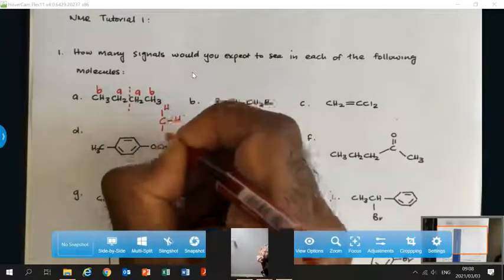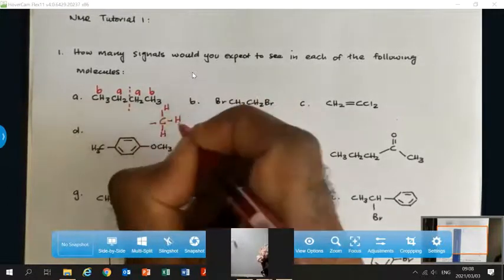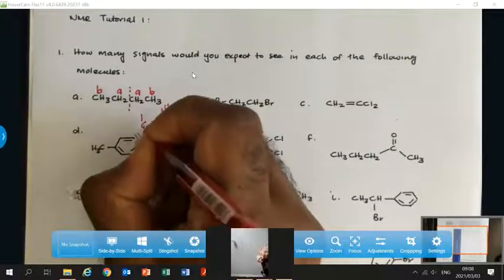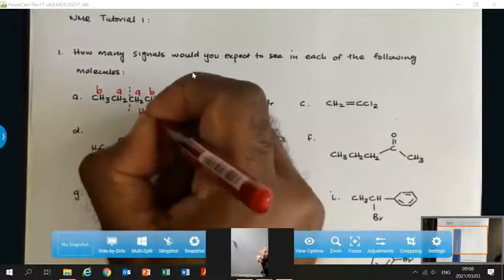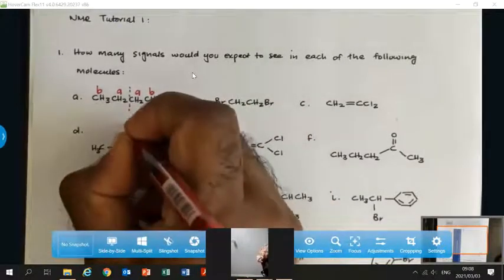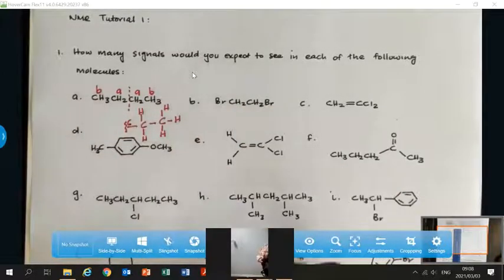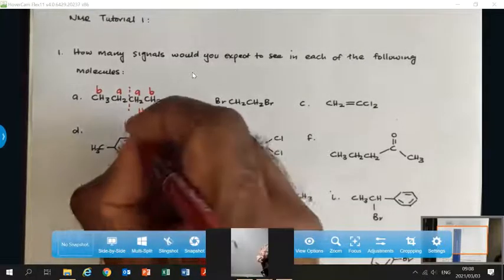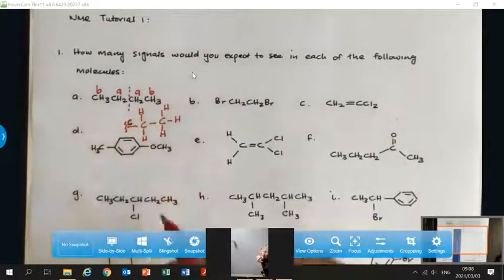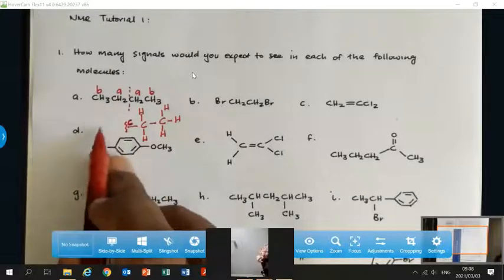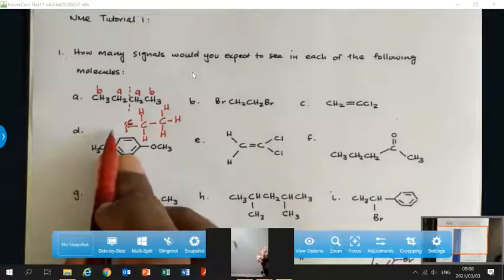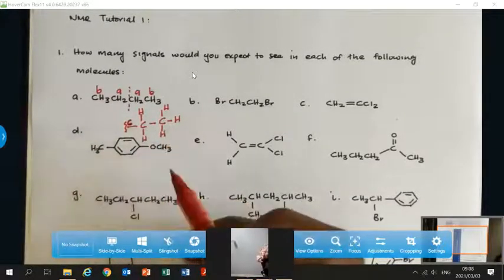And I've got 3 hydrogens here, 2 hydrogens here, and the rest of the bonds, and that is a carbon group, right? So I've got a carbon group here, and the rest of the molecule. I'm not concentrating so much on the rest of the molecule, because remember, I just need to go 2 bonds away.